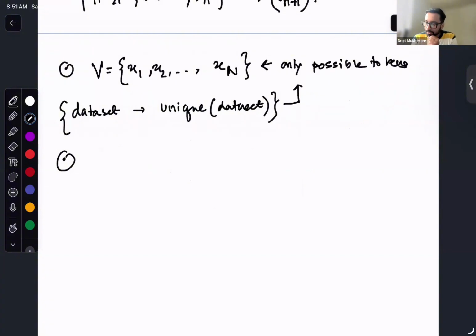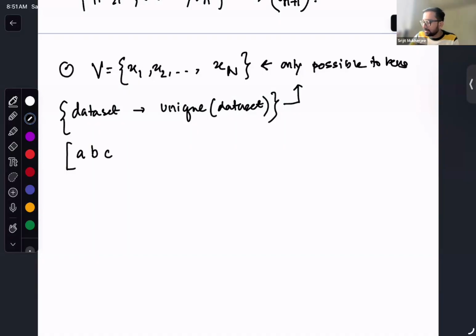So the vocabulary is fixed now. What next? We want to predict. Let's take an example. Let's say I have the following data set. I am assuming each token is just one of 3 characters: A, B, and C, simple, so that we remember.